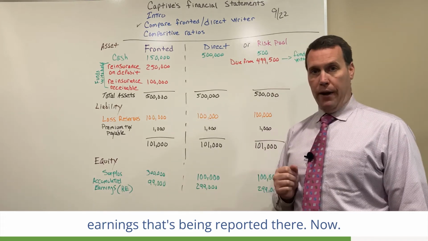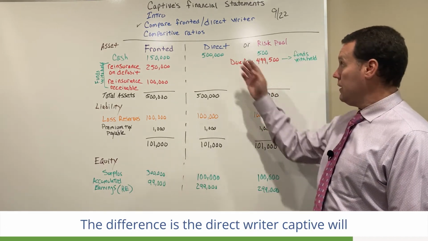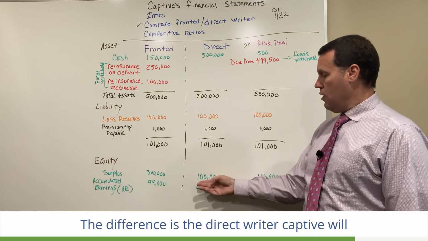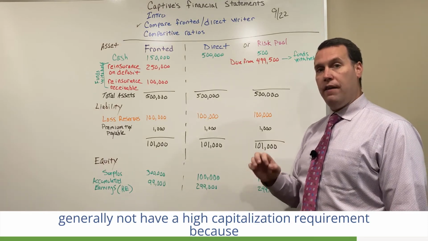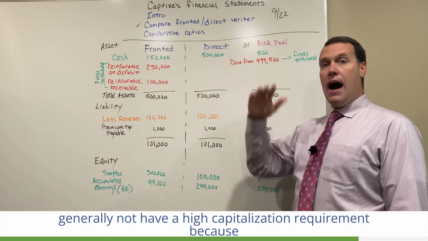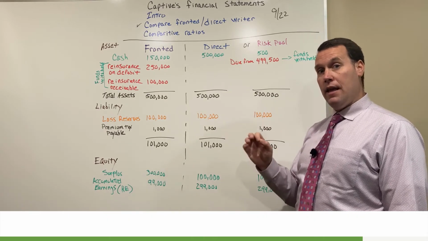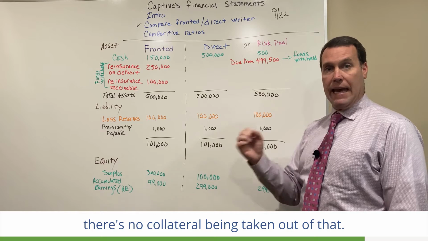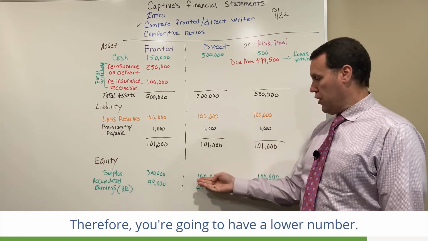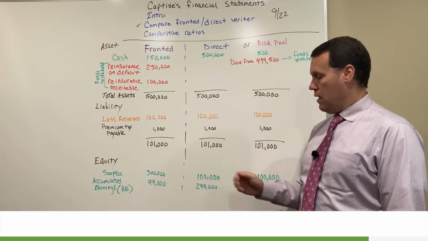That's being reported there. Now, the difference is the direct writer captive will generally not have a high capitalization requirement because there's no collateral being taken out of that. Therefore, you're going to have a lower number.